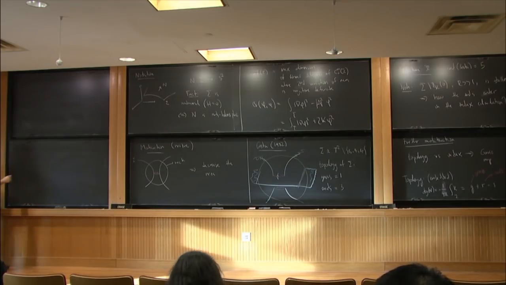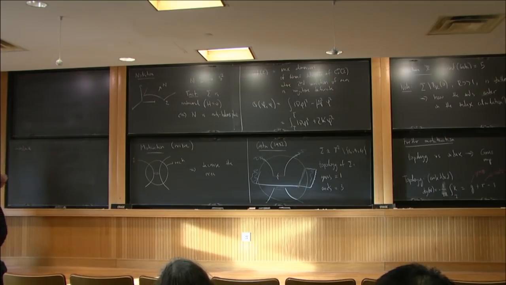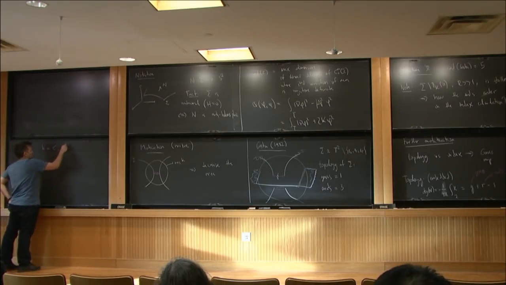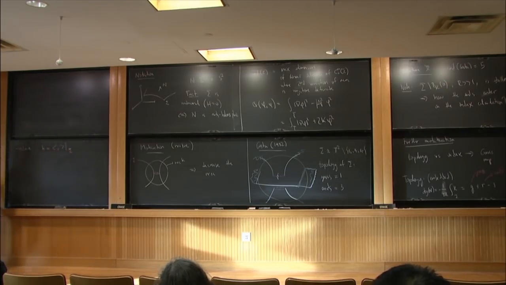For the index, what I'm going to do is consider two metrics on sigma. The first metric, the natural one, is to take the Euclidean metric and just restrict it to sigma.